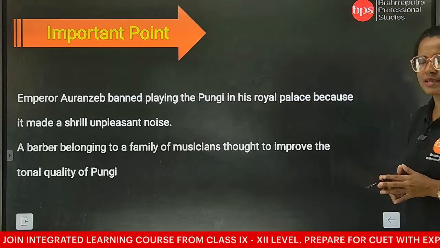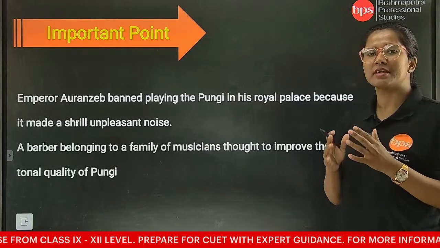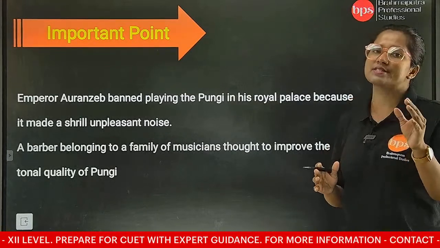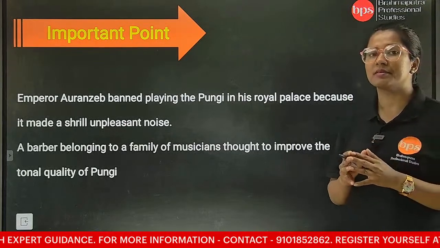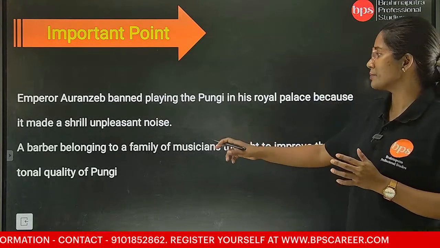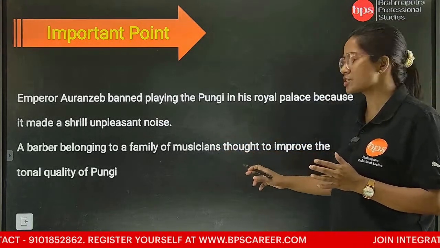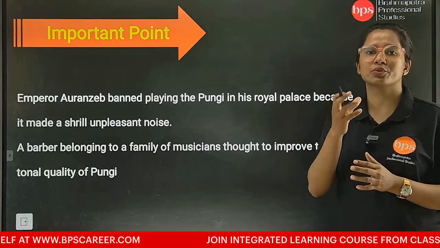So Aurangzeb, because of the shrill noise that pungi was making, banned pungi totally in his palace. And at that point of time, a barber belonging to a family of musicians thought to improve the tonal quality of pungi.